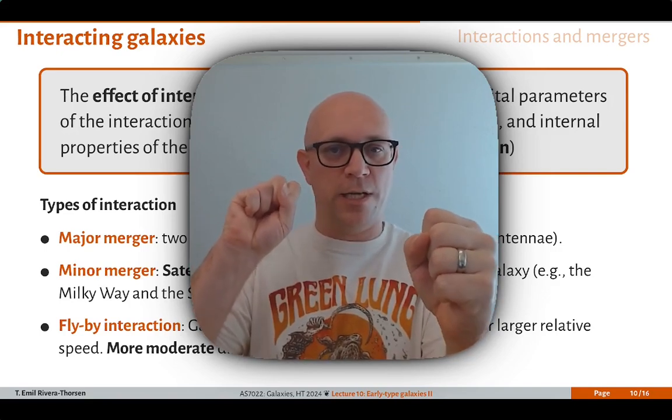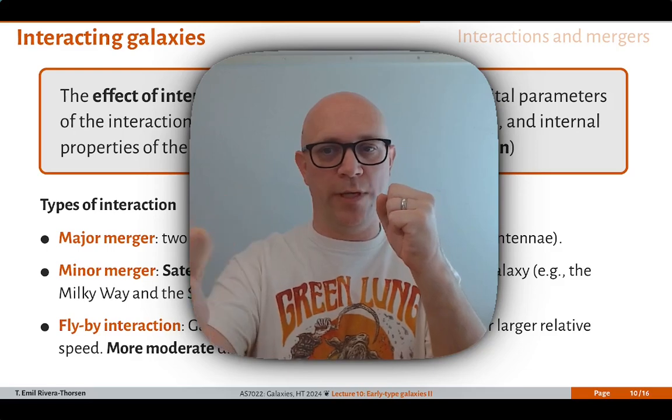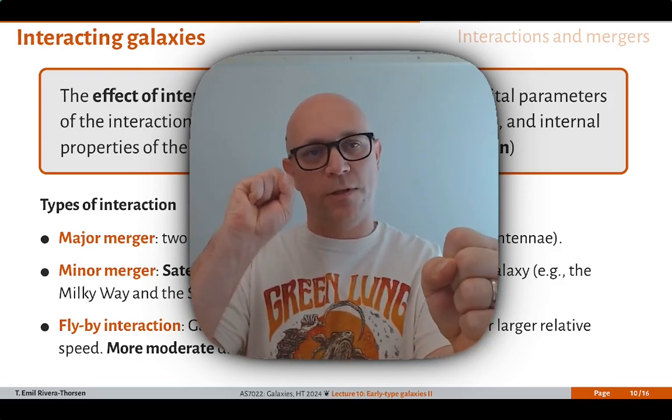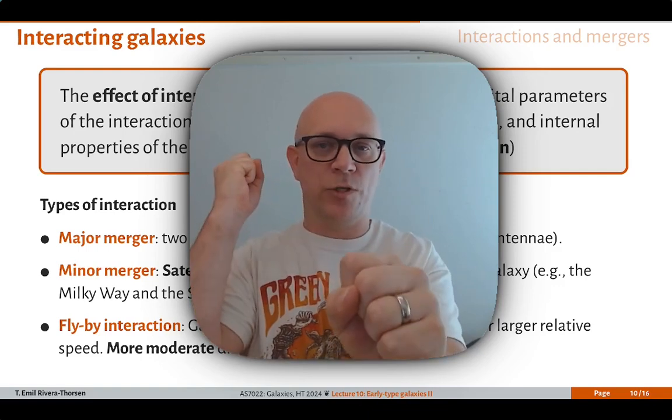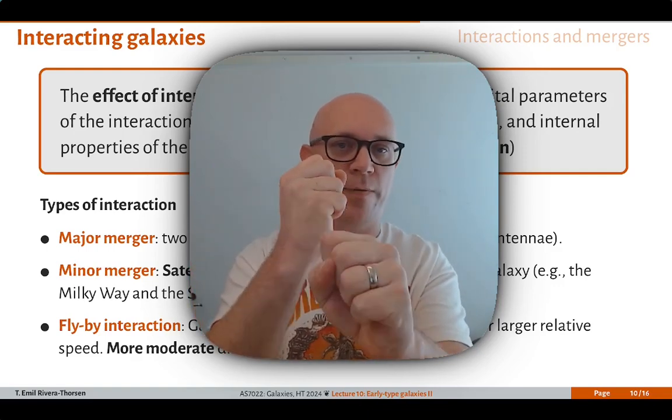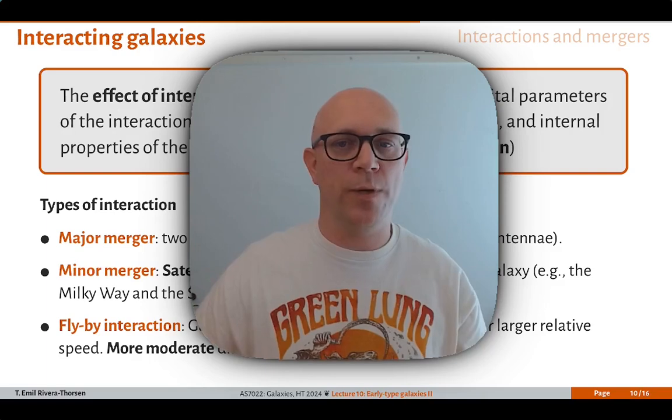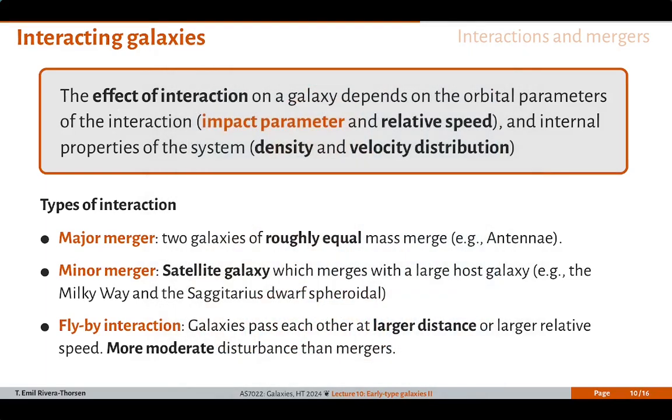Either they can have a large impact parameter where they will never collide completely, but will only get close to each other, or they can have a very small impact parameter, which leads to a direct collision, or anything in between. And the internal properties of the system, which is mainly the density and velocity distribution, but also the gas content, for example, will have a very strong influence on how these galaxies will react to an interaction.